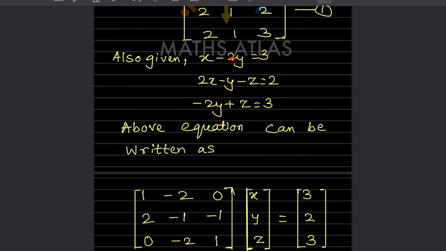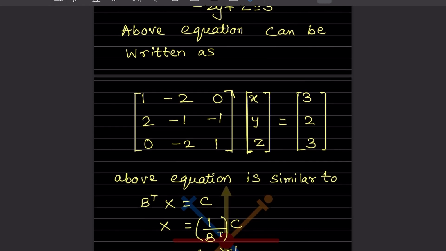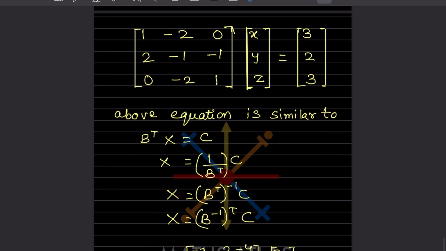And now these are x, y, z, and let us take the right side, that is 3, 2, and 3. So now this is similar to the equation B transpose x equals C. So when we want to find the value of x, that will be 1 by B transpose, when you take it to the other side, times C. And when you take this to the numerator, that will be the inverse of B transpose.